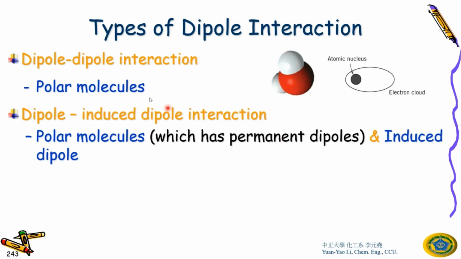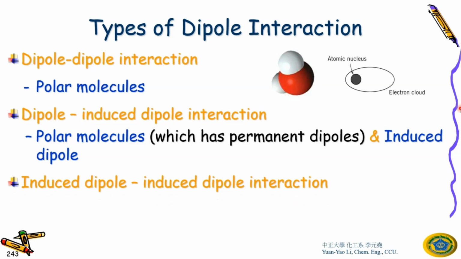That means you have one polar molecule, and then an induced dipole. This is an atom, for example, with no dipole, but it was induced by this molecule and becomes a dipole. So there's an interaction between dipole and induced dipole, called dipole-induced dipole interaction.